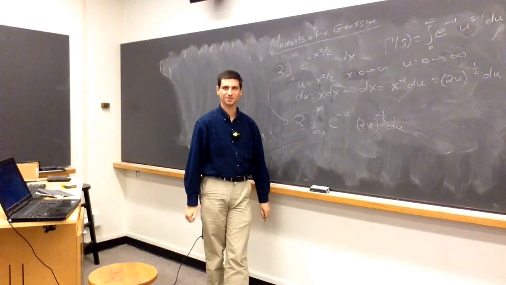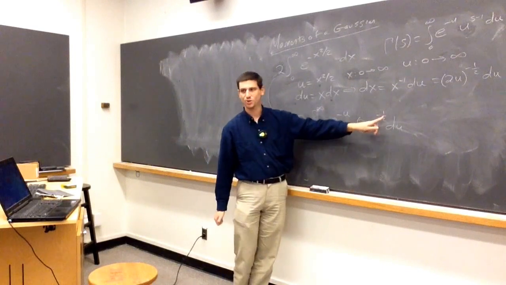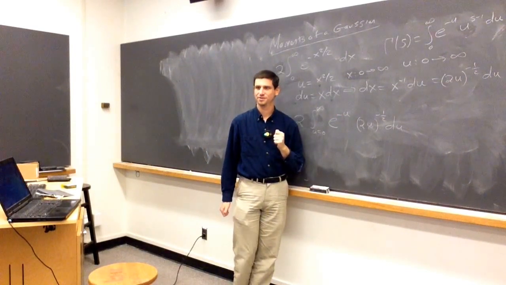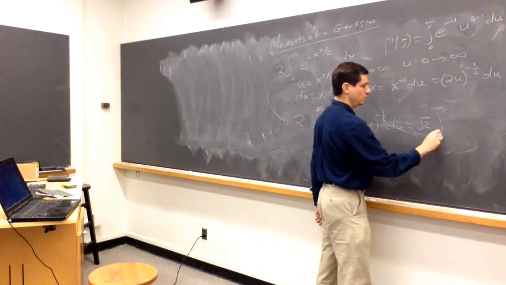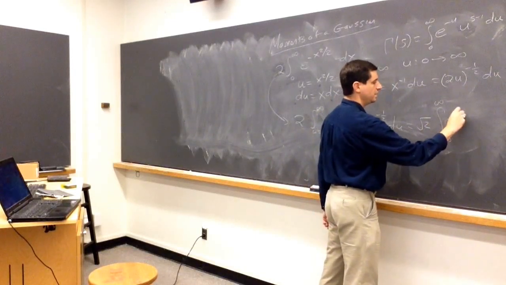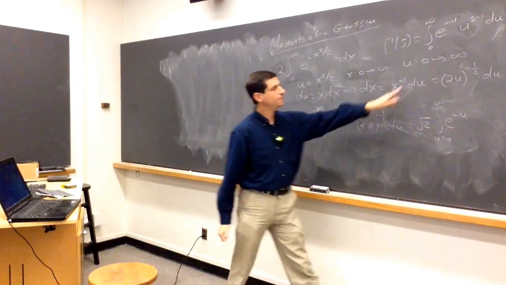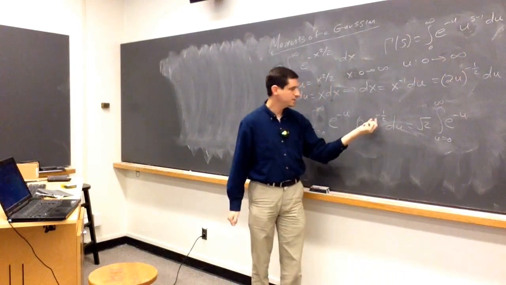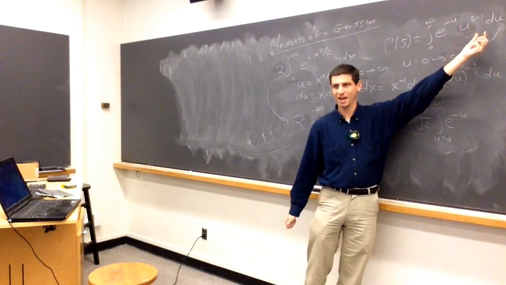We're almost there. We have a 2, and we have a 2 to the minus 1/2. What's 2 times 2 to the minus 1/2? 2 to the 1/2 was square root of 2. So we have a square root of 2. We have an integral, u goes from 0 to infinity, e to the negative u. Now we have a u to the minus 1/2. The gamma function, I want to write things as u to the s minus 1. How can I write u to the negative 1/2 in the form of s minus 1? Half minus 1.